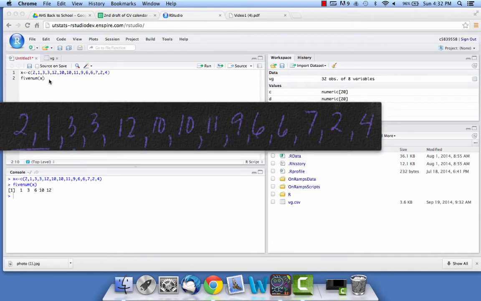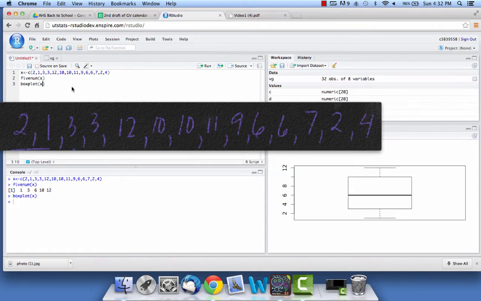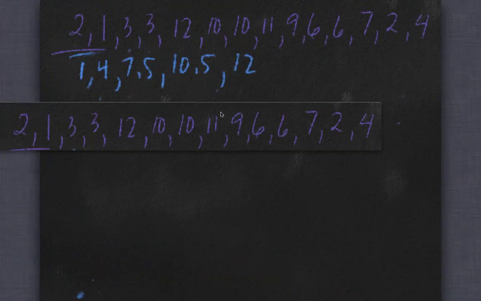In RStudio, I can also say boxplot X. So see how it's got that little bar on 12. Of course, we don't use bars normally. We just end there. This one ends at the minimum, 1. This is at 3. This is at 6. This is at 10. So it's in line with these. Okay, so 1, 3, 6, 10, 12.